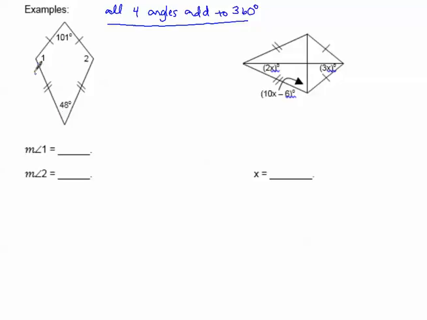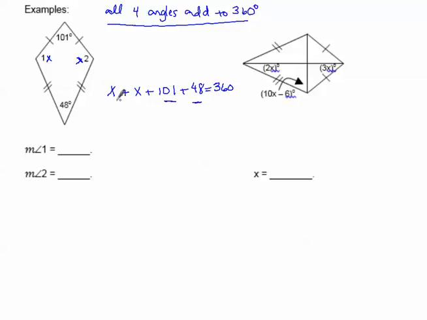I know that these two angles, 1 and 2, are equal. So I'm going to let this be x, which means this is also x. So all 4 angles, x, x, 101, and 48, are going to add up to 360.